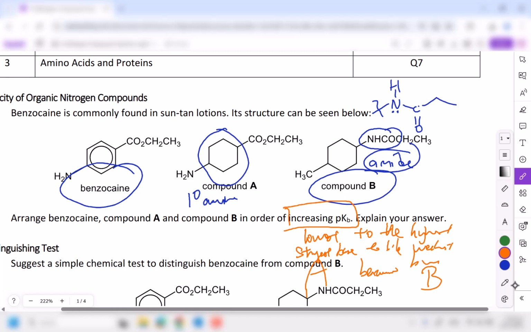If it were to act as a base, it would take on a positive formal charge, a +1 charge, and this +1 charge is actually detrimental. Imagine if this has a +1 charge, so I'm going to write a hypothetical situation here. If this were +1 charged, all hell is going to break loose, because this is an electron withdrawing group.